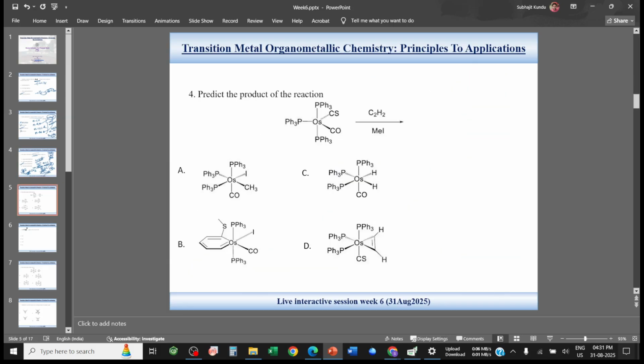So question 4 is to predict the product of the reaction. This is a very important reaction. The reactants are C2H2, that is HCCH, and methyl iodide.